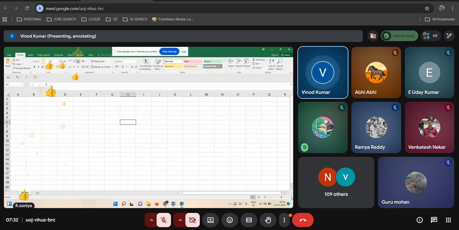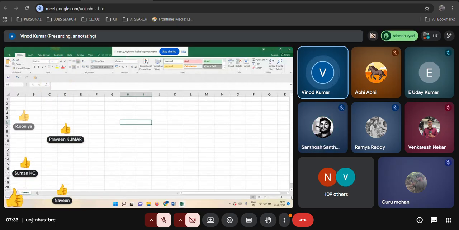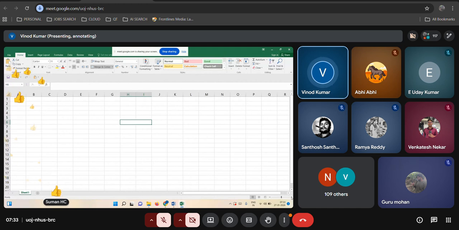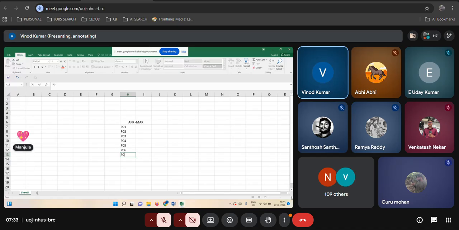Let's see an example. How many accounting periods did I tell you, guys? 12 accounting periods. Every accounting period is identified with P. P is nothing but period: P01, P02, P03, P04, P05, P06, P07, P08, P09, P10.